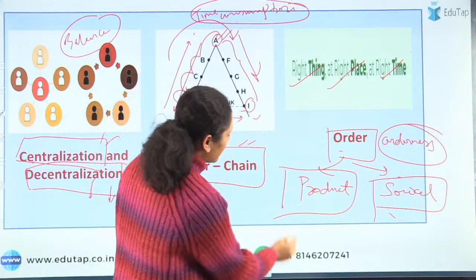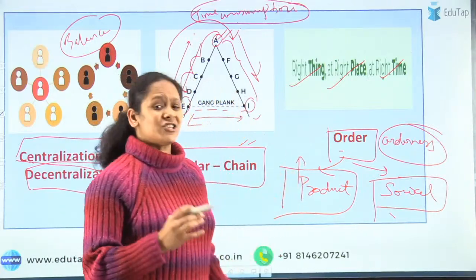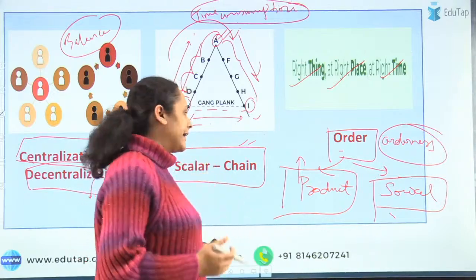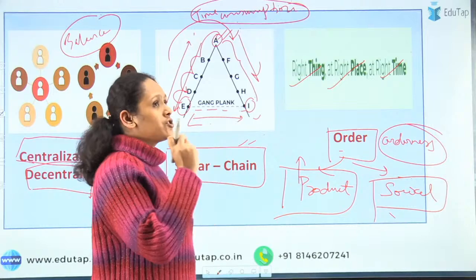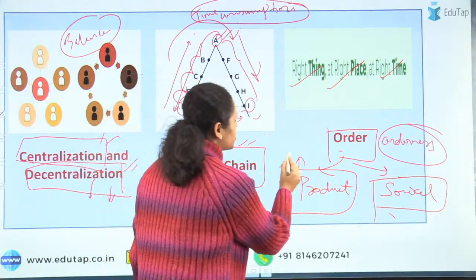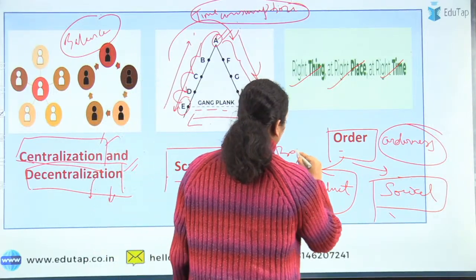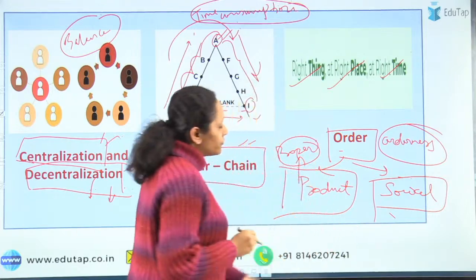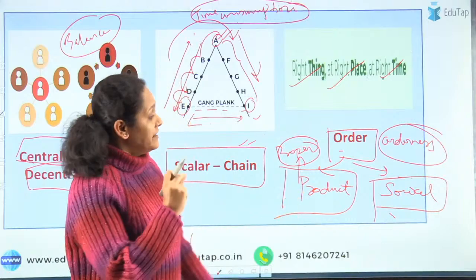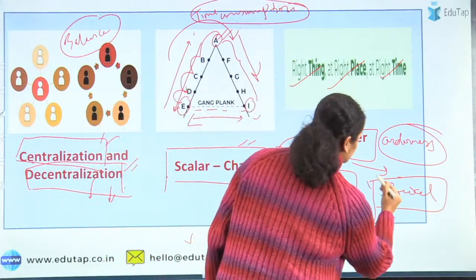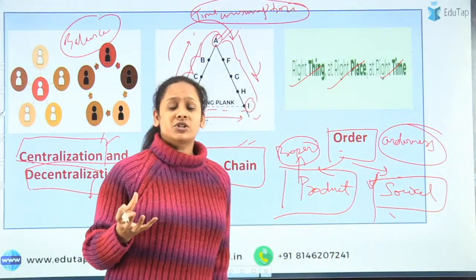What did Henry Fayol mean by product and social order? He said that every product in an organization, let's say there's a factory, should have distinctiveness and there should be proper order of this. Which means which product to be used should be very clear for a given task. Likewise, there should be a social order. What do I mean by social order?